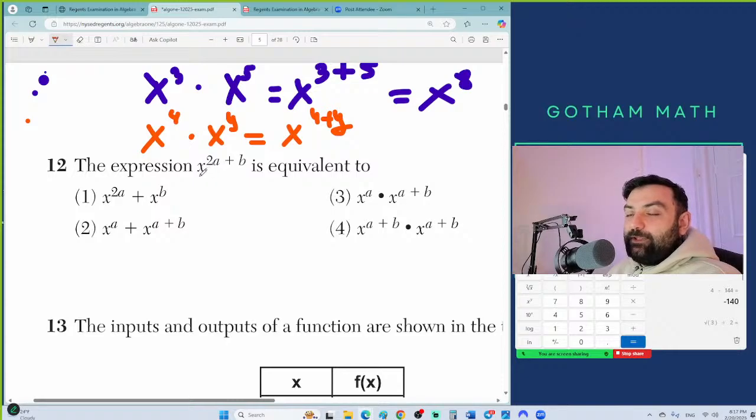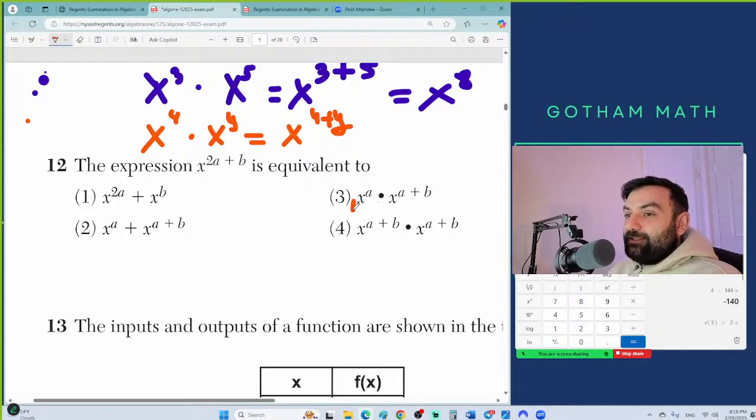So when we multiply, we add powers, right? So the correct answer can be nothing but answer 3. Why is it answer 3? Because it's multiplying x's, and what we do when we multiply x's, we add powers.